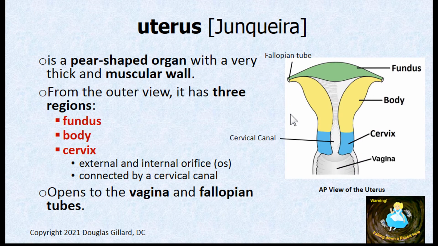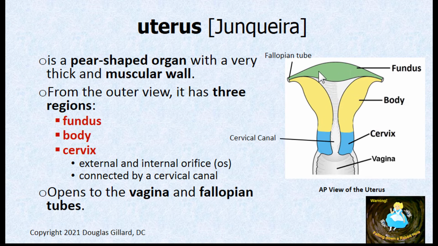All right, so now let's fall down this rabbit hole. Just a little trip about the uterus, because we're going to talk about implantation. The uterus, this is an A to P view of it here. This is the vagina, which leads to this uterus. The uterus has 3 parts, which you'll actually see next quarter in Gross 2 anatomy: the fundus, the body, which is most of the uterus, and the cervix right here.